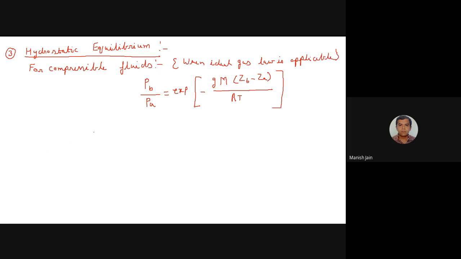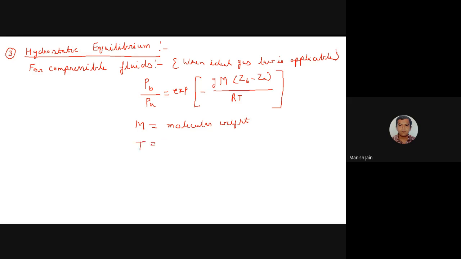okay. And here so you have some new parameters. First is M. M is the molecular weight of the mixture of the component, you know, for which you are calculating the pressure, or the fluid for which you are calculating the pressure.